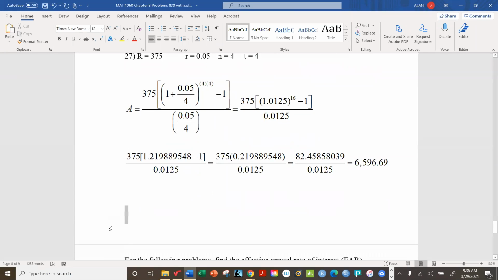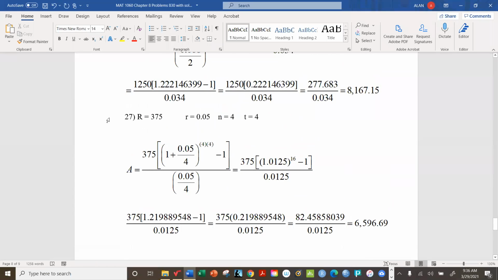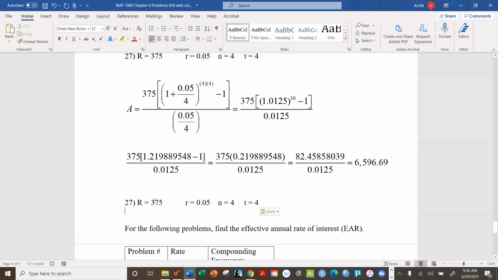All right, so now there's one more, 28, where we have 1530. The interest rate is 4.5%.